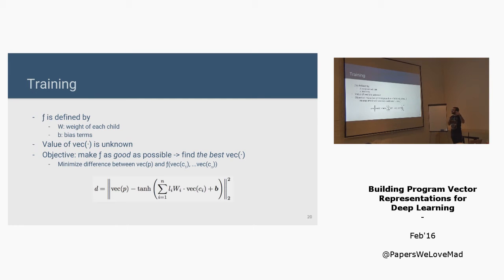So we are wiggling at the same time the vectors and the matrix W and the matrix B, trying to find a way so that everything falls in place. And the vectors just work, because if we have the best vectors, then the difference between the representation of a parent vector and its approximation with its children should be as small as possible.